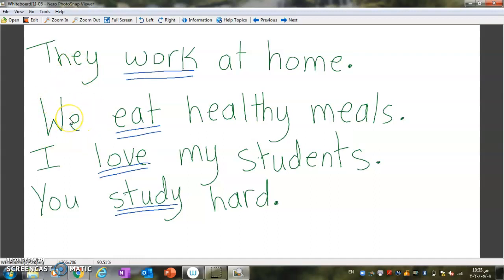We could be replaced by my brother and I, my family and I, my team and I, any group of people, even if it was only two people, but you should be one of those people. I, when you're talking about yourself, of course, and you, when you are talking to someone directly, or you are talking to a group of people, addressing them, telling them something about them, sorry.